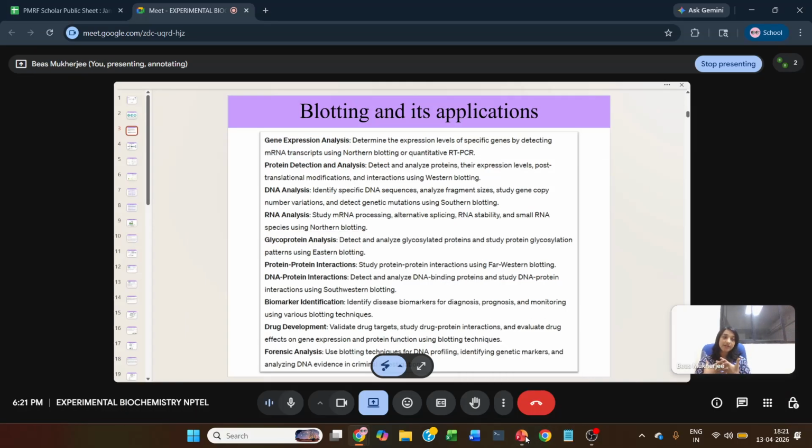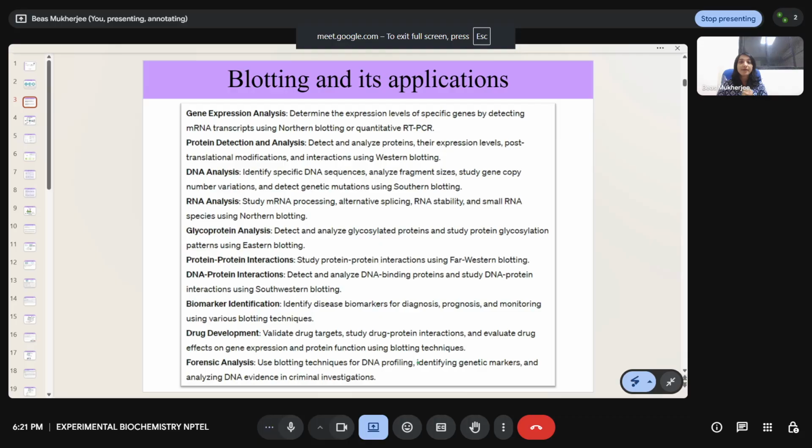Now, what are the different applications? So, gene expression analysis: determining the expression of specific genes by detecting the mRNA transcript using northern blotting or quantitative RT-PCR, that is real-time PCR.